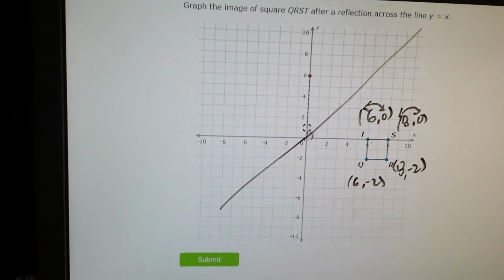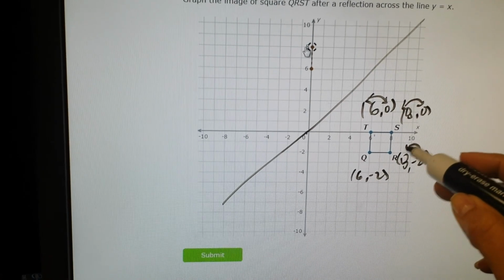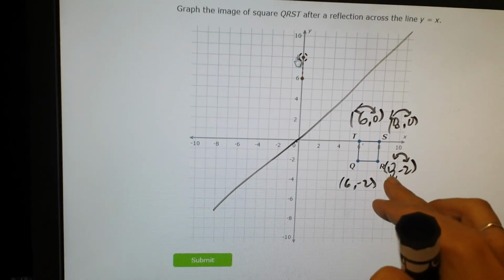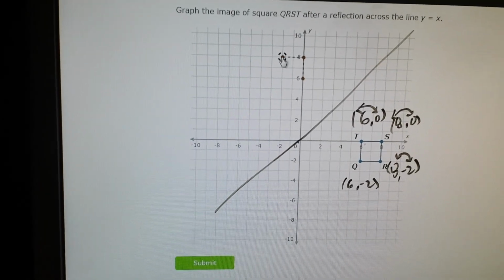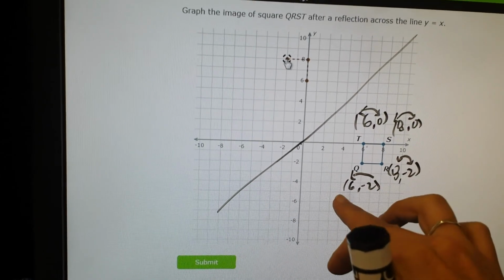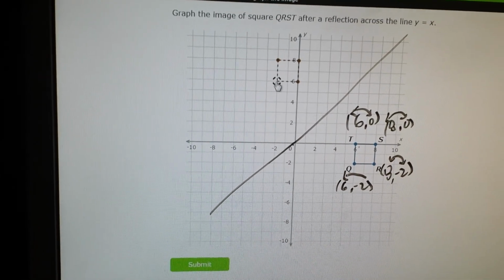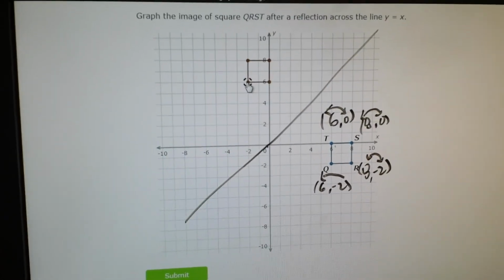So you're going to go 0 and then 8. Alright, then switch these over. So it's going to be negative 2, 8. Now then switch these two over. It's going to be negative 2, 6. Perfect.